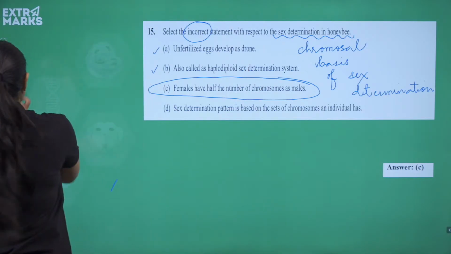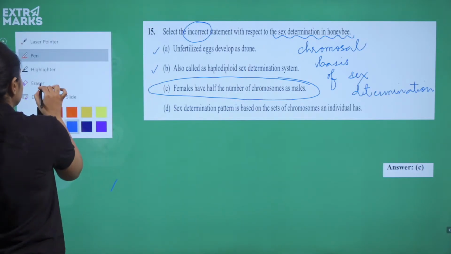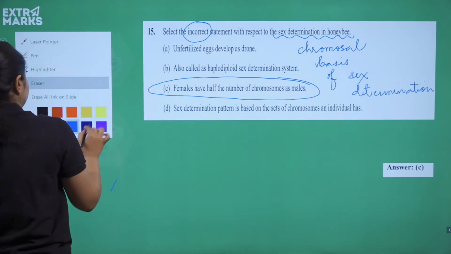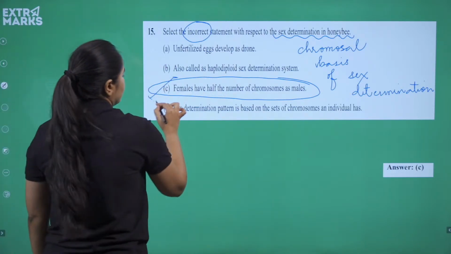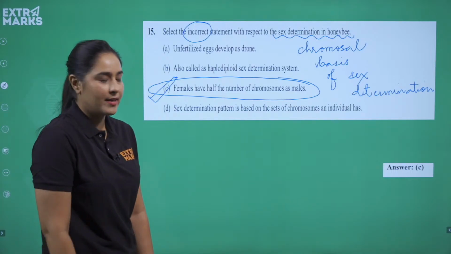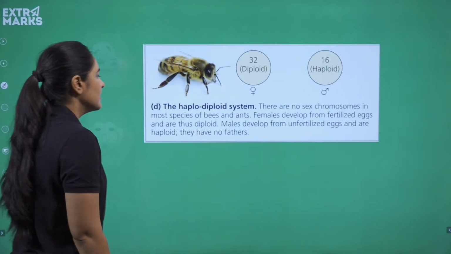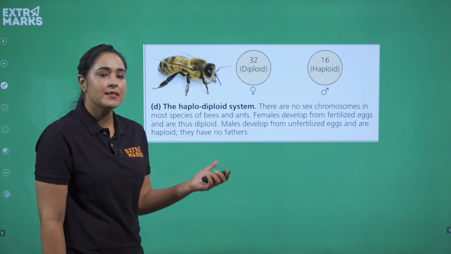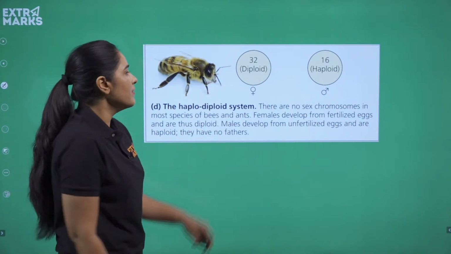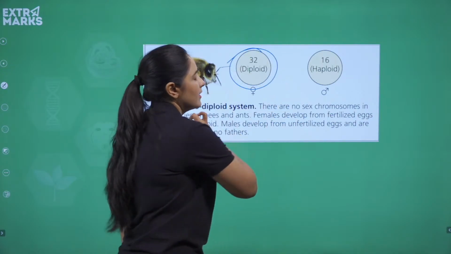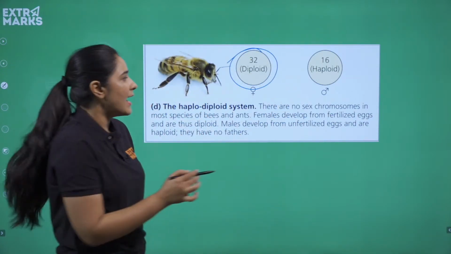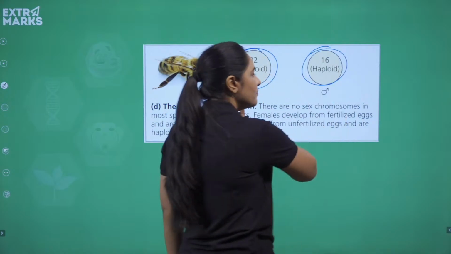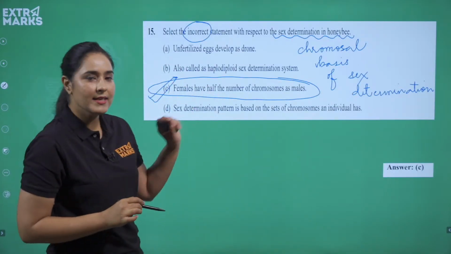So we are having the correct option here, C. It is the incorrect statement here. See here students, the haplodiploid system, as in the case of honeybees, a sex determination in these, we are having 32 in case of females and 16 in case of males. So this statement here is incorrect.